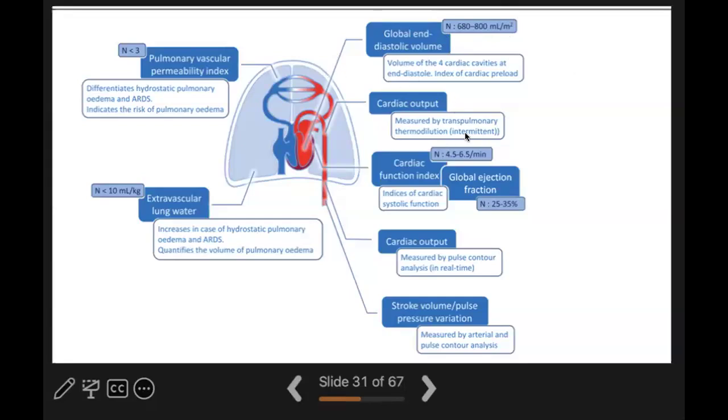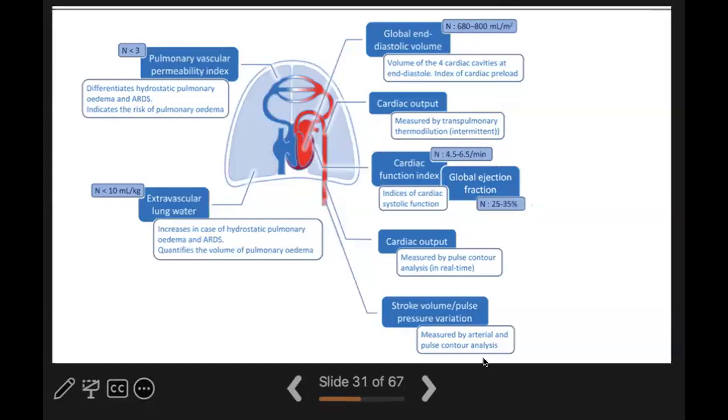Okay. And it is also going to detect cardiac output by means of transpulmonary thermodilution as well as continuous pulse contour analysis. It is also going to derive a lot of indexes based on the body surface area of the patient. And it can also detect global ejection fraction, and the normal is between 25 to 35%.